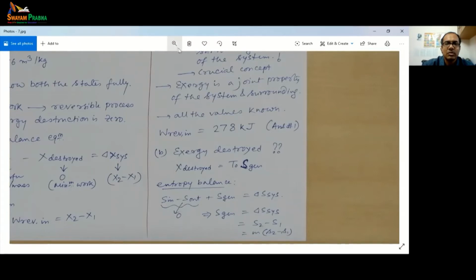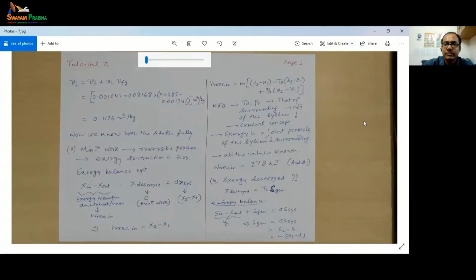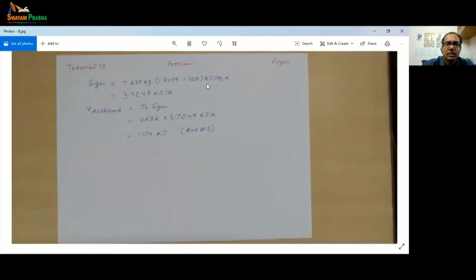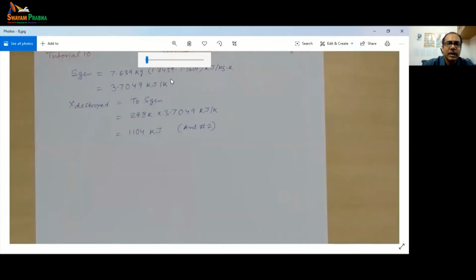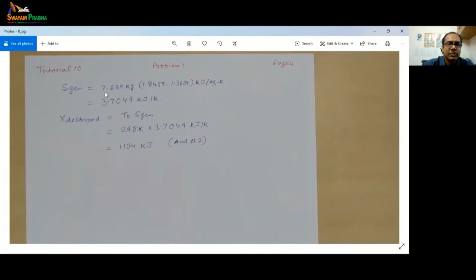This is straightforward, and we can figure that out by putting in the values we already obtained. This is the mass, 7.639 kg, and S2 minus S1. These values we obtained from the steam table and other subsequent calculations, where some properties were given and some we had to find out.